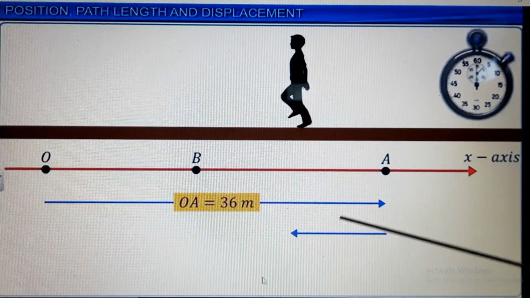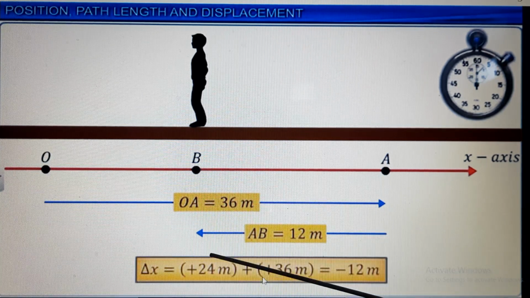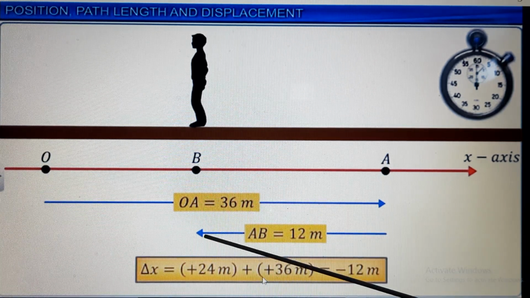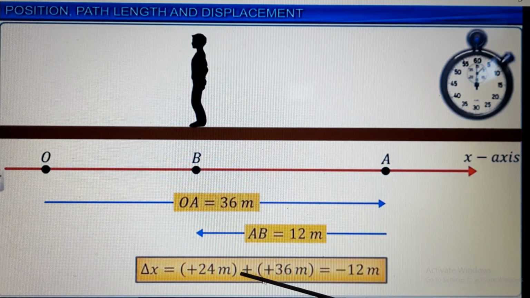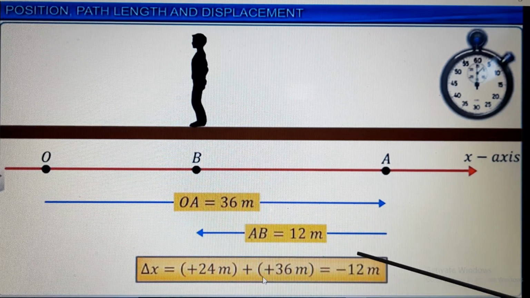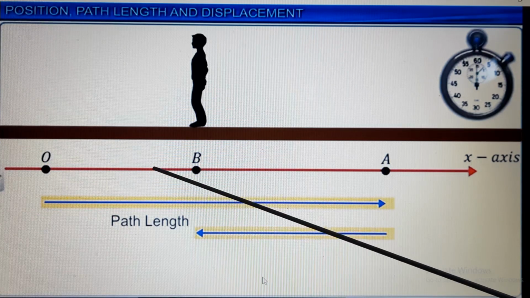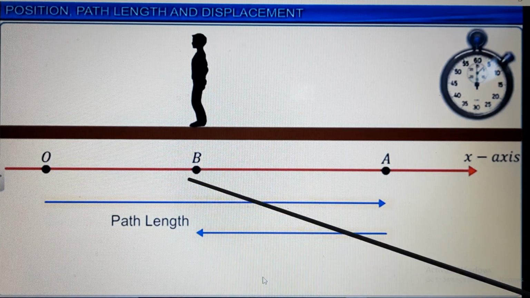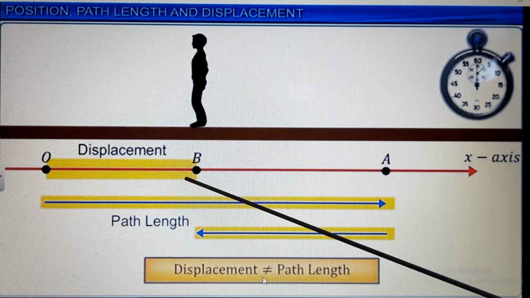But it is moved again from A to B. So what is the displacement? Here the displacement is OB. So 36 minus 12 means 24.